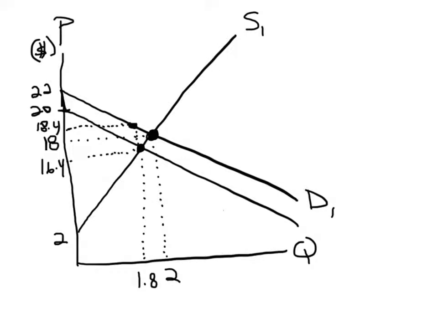Okay, so now we have our whole analysis, and we can see that the effect of this tax on consumers is that the consumers pay $16.40 to the sellers, but then they have to send $2 to the government, so they are effectively paying $18.40, which is 40 cents worse than before.